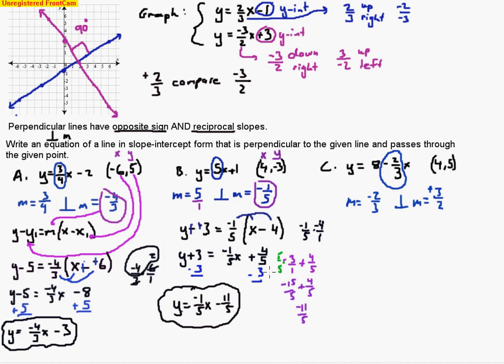We're going to take our point, and we're going to put it in the point-slope formula, which goes y minus 5. Now, I got the 5 from this point right here, this y value here. And then equals our slope, 3/2, multiplied by x minus our x value, which is 4.